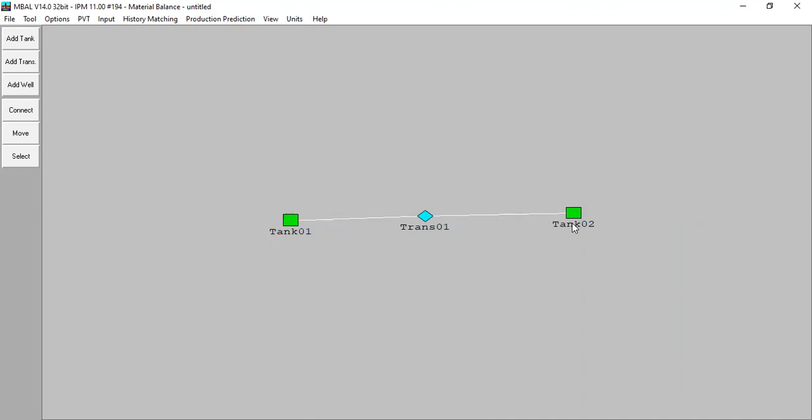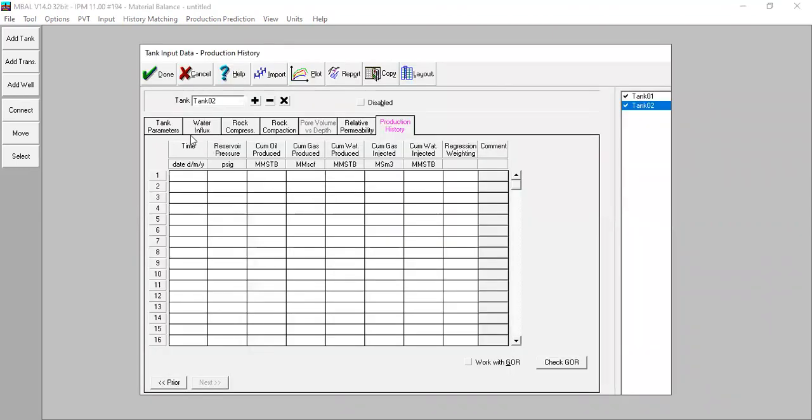And we know that we still haven't produced any fluid from tank two. So we create the model for tank two, but there is no production history.